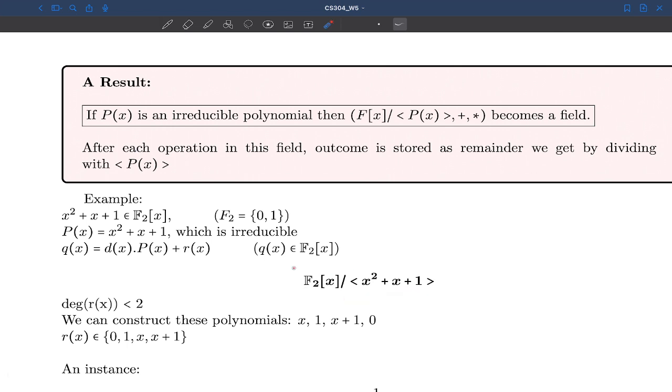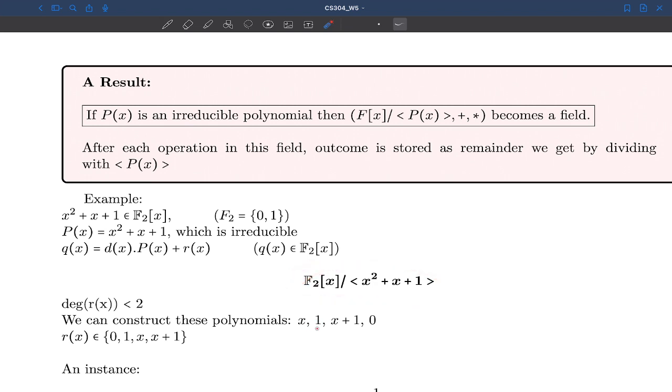So I'll get some different set of polynomials, and all those polynomials will have degree less than 2, because what is the degree of this px? Its degree is 2. So if I'm dividing other polynomials with this polynomial, the remainder will have degree less than 2, right? So this set will have all those polynomials which have a degree less than 2.